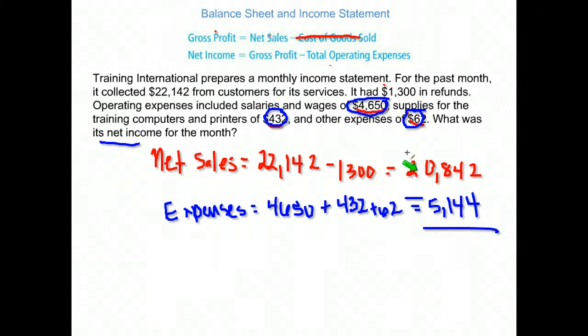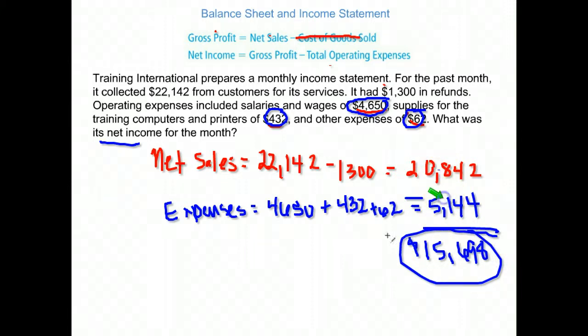Okay, so again, $20,842 minus $5,144, and we get $15,698. That would be our net income, our income minus our expenses.